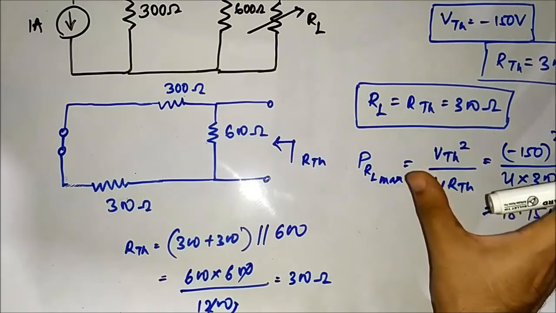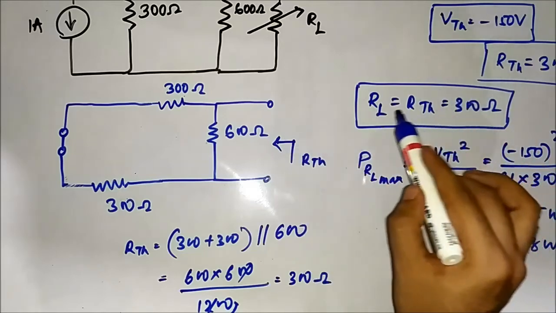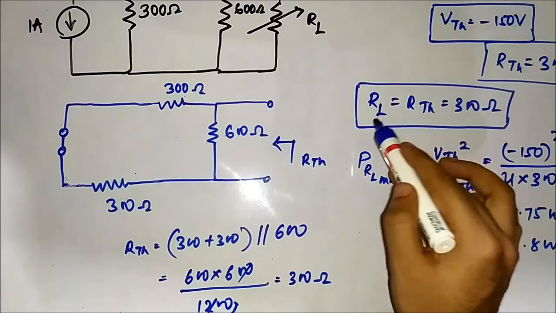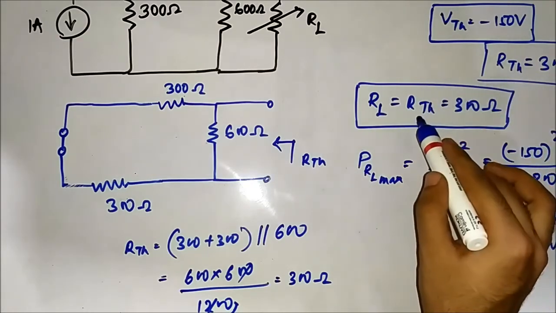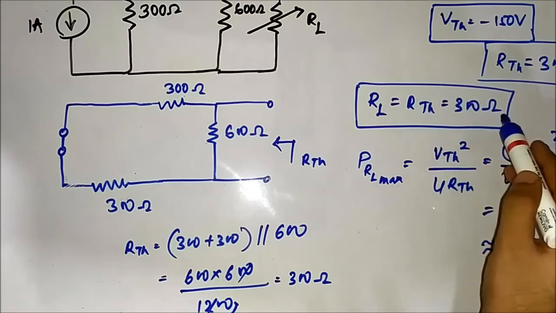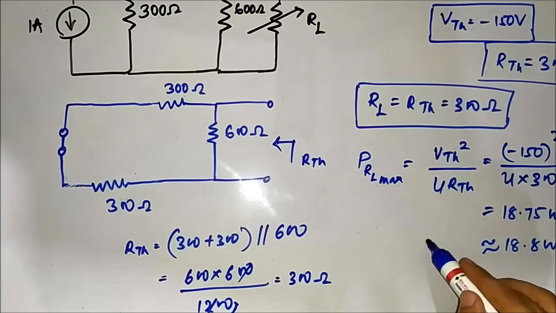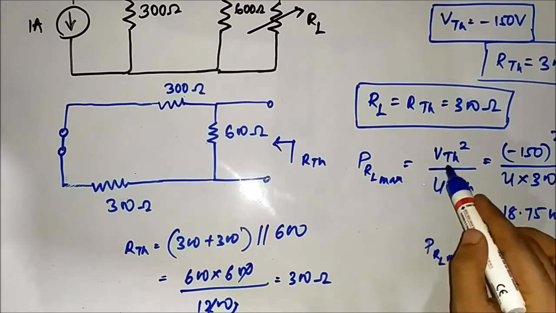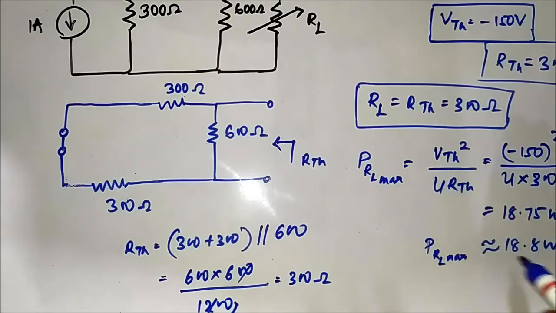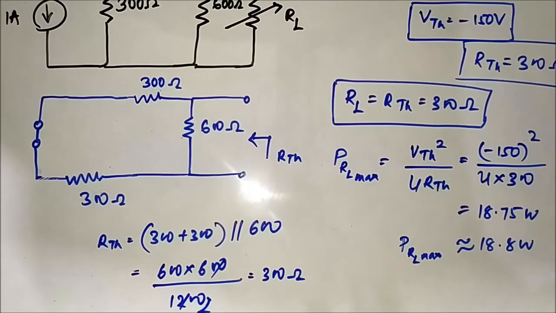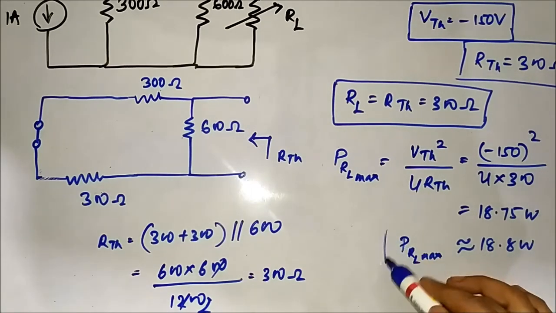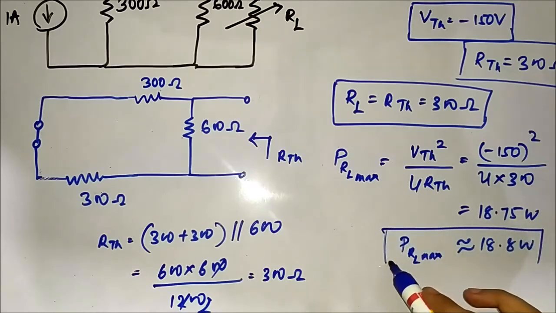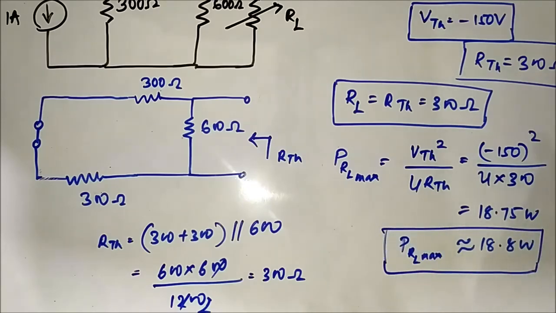Then, as per the statement of maximum power transfer theorem, for maximum power transfer the load resistance should be equal to the Thevenin resistance, which is equal to 300 ohm, and the maximum power transferred to the load is equal to VTH square by 4 RTH, which is equal to 18.75 watt, or nearly equal to 18.8 watt. Okay, so this is the fourth question related to maximum power transfer.